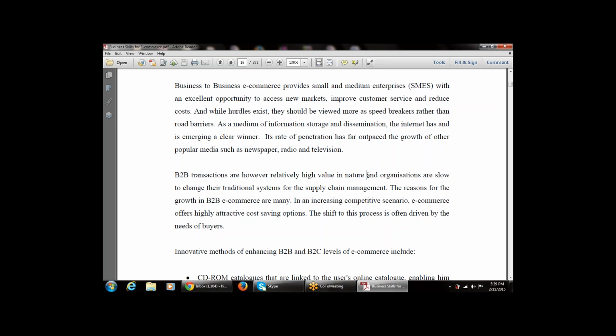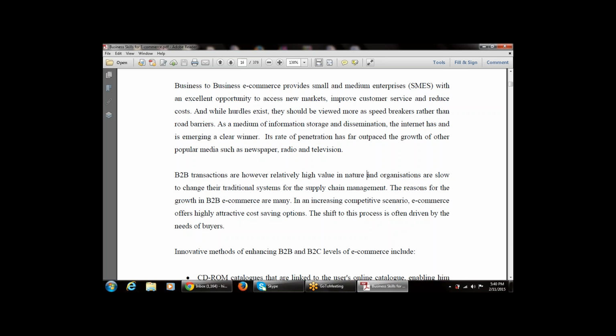The shift to this process is often driven by the need of buyers. Innovative methods of enhancing B2B and B2C levels of e-commerce include: what are the innovative methods that we use to enhance or advertise B2B or B2C e-commerce?